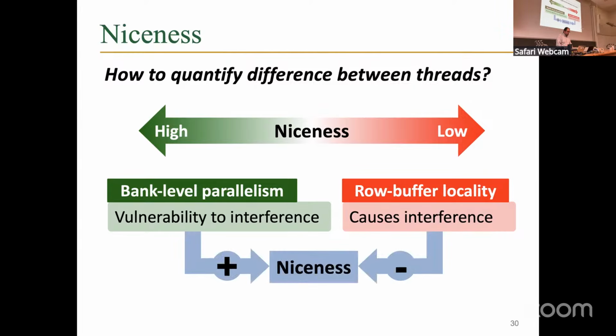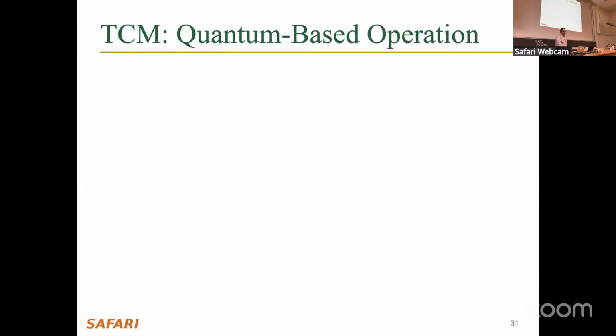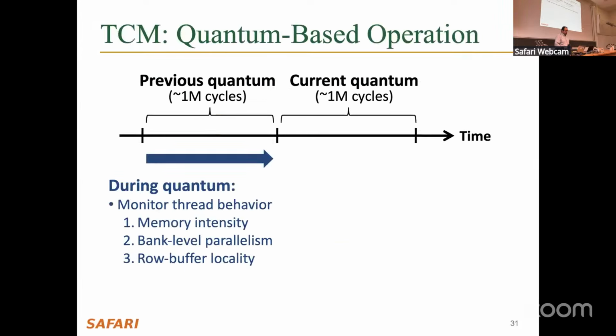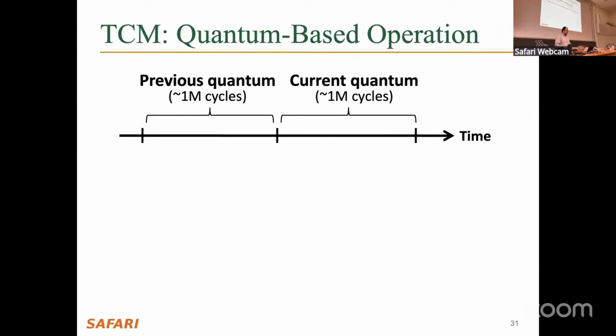We can combine these two metrics to get niceness. Bank level parallelism makes the application nicer, which is why it's a plus, and row buffer locality reduces the niceness of the application or thread. So we calculate the niceness, and based on that, we can shuffle.